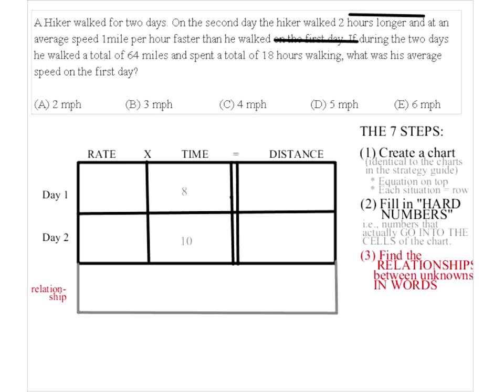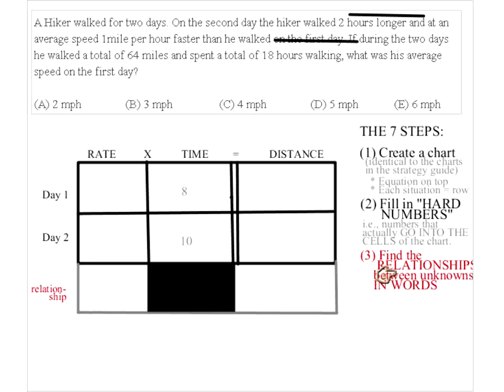Now notice it's only between unknowns, so we don't need any kind of relationship here because these are not unknowns. Okay, but who can give the relationship between the rates in words? Can anybody do that in the text box between the rate for day 1 and the rate for day 2? Yeah, I like Anthony's response. A couple of you are defining variables.